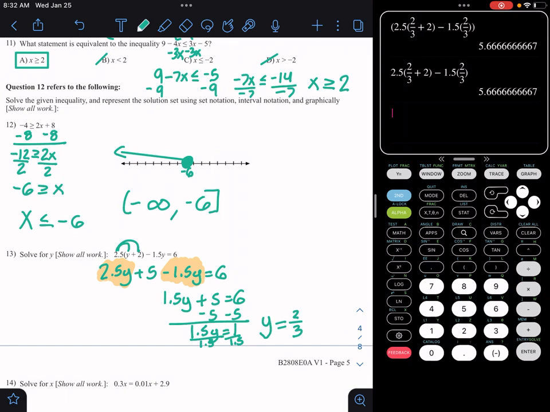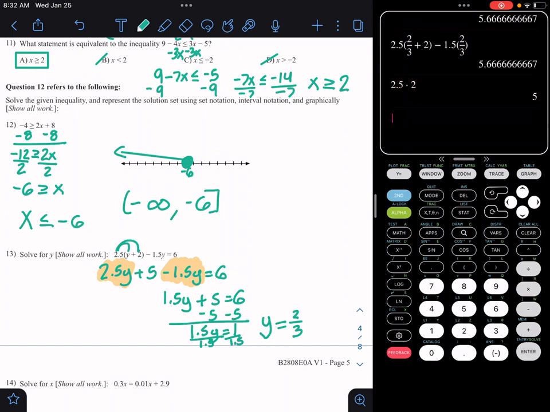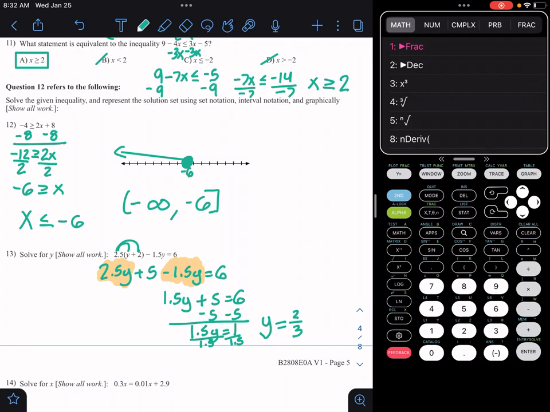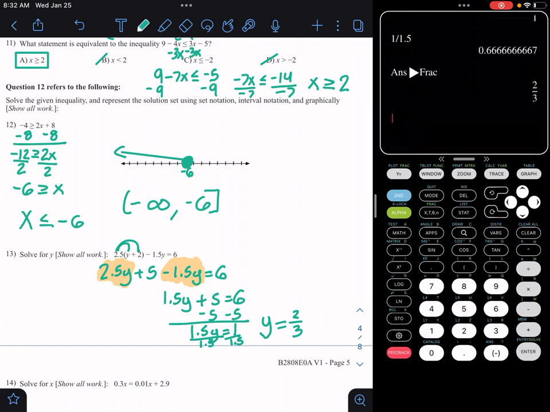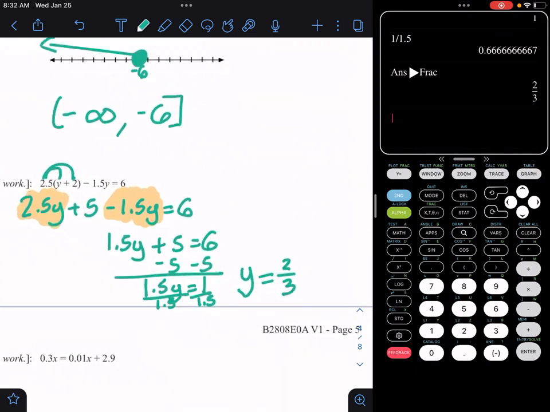Let's see. 2.5 times y is 2.5y. 2.5 times 2 is 5 minus 1.5y. 2.5 minus 1.5 would be 1. Then we do 6 minus 5, which is 1. And 1 divided by 1.5 is that. What does that equal? 2 over 3. What is the matter here? Why is my check not working?